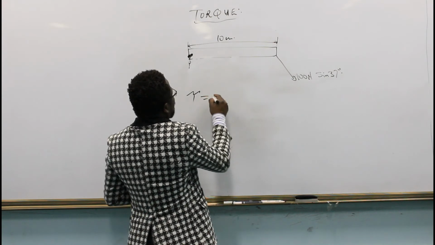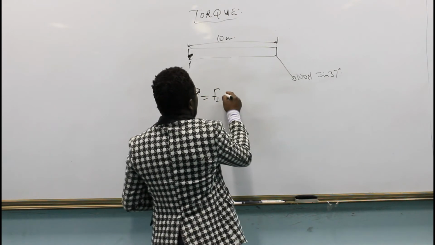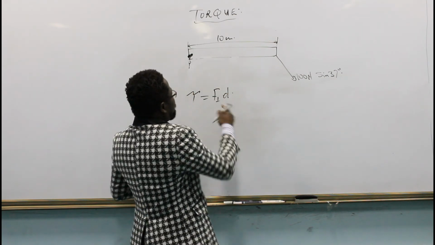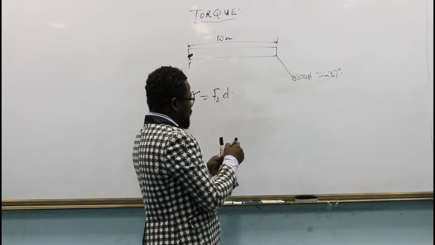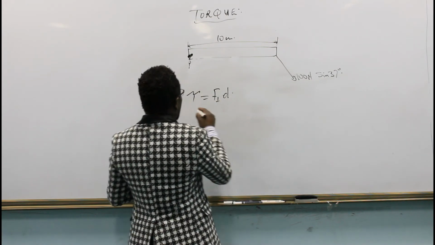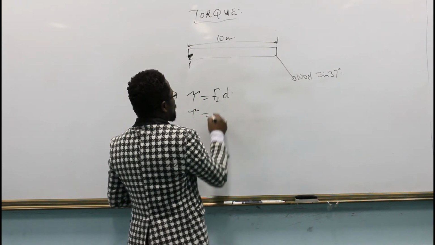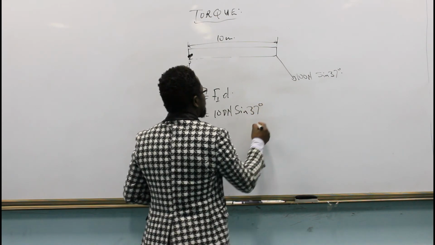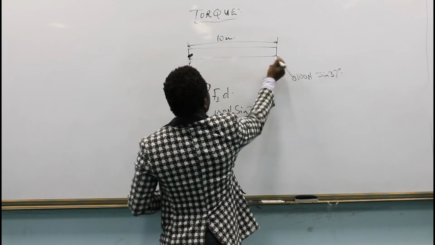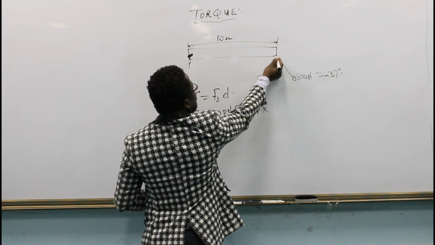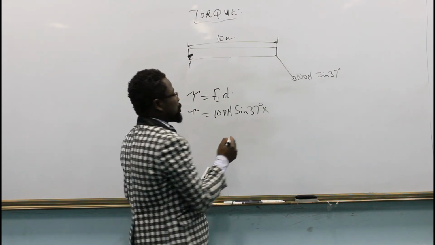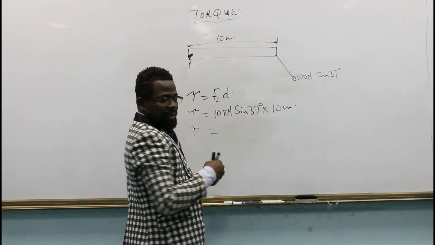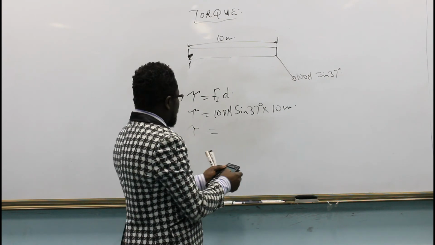We know the torque is now equal to the perpendicular force multiplied by the distance. But now, the force here that we have is not perpendicular, it is at an angle. So our torque is now going to be 100 newtons sine 37 degrees multiplied by the distance, and the distance between the point of the force to the axis of rotation is 10 meters. So what are we going to get as our torque? Right. Let's take our calculator and see.